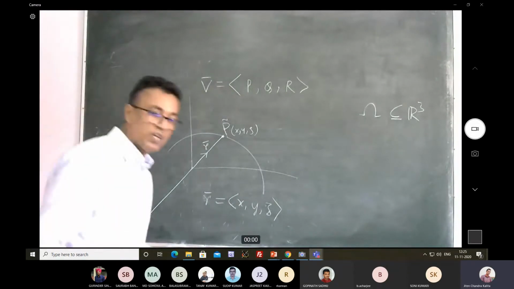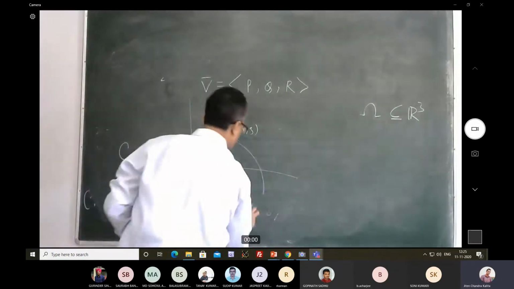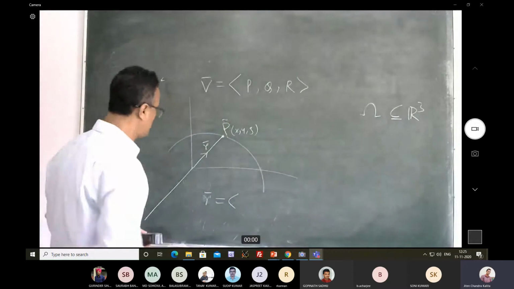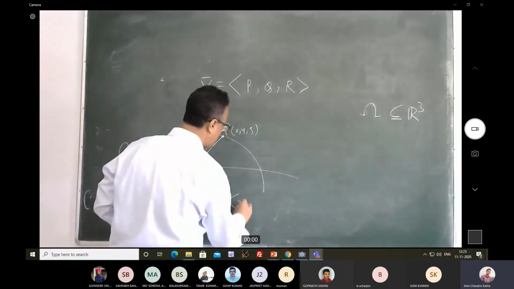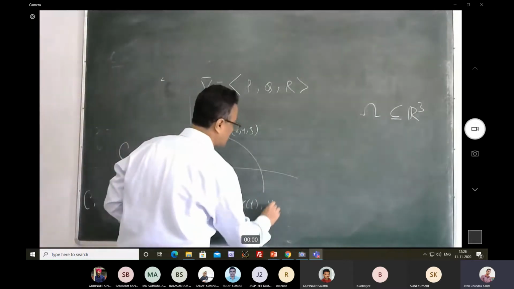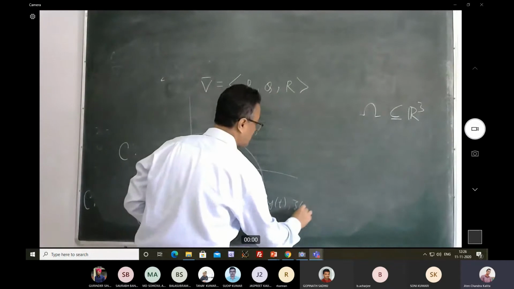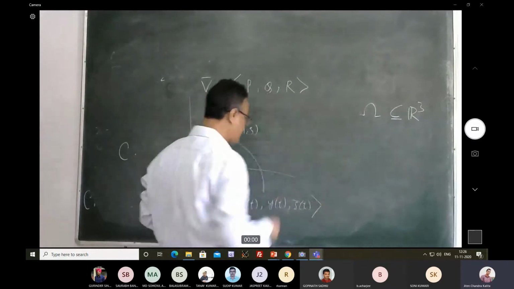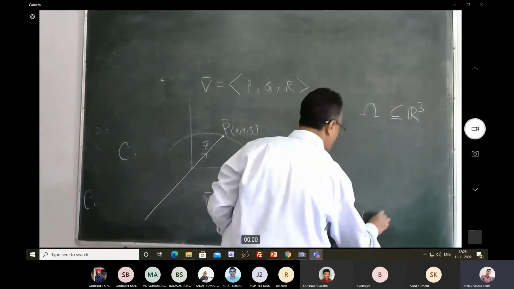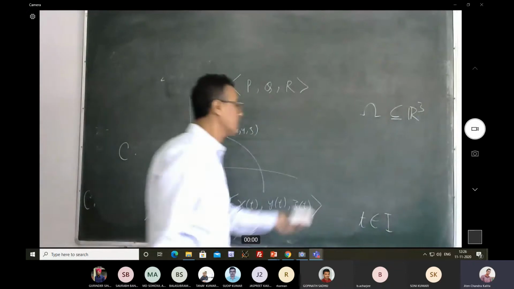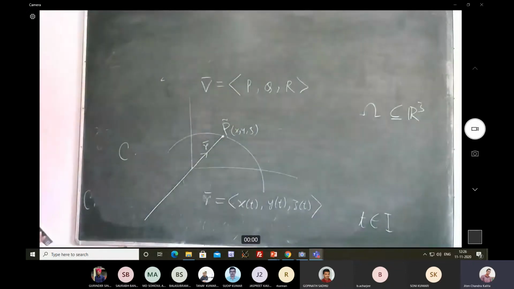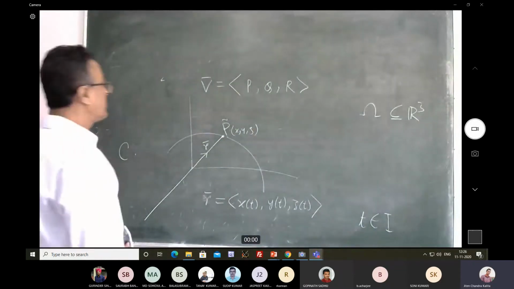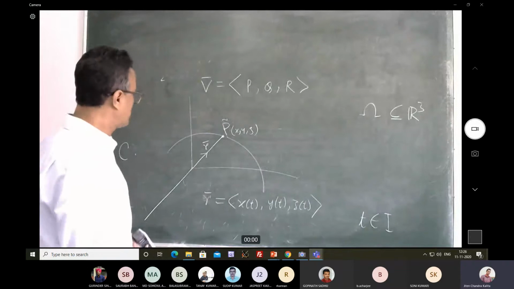Suppose it can be parametrized, so that this curve you can define through this, for some t belonging to some interval I. Okay, so then what is going to happen?